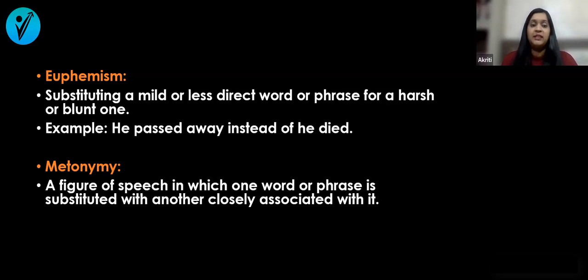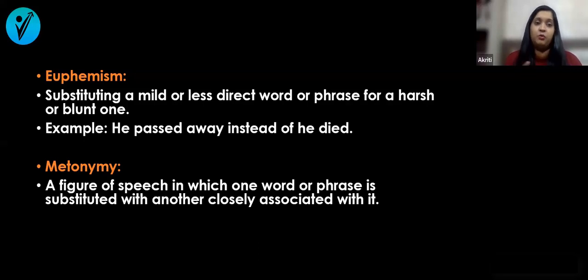Metonymy. Metonymy is a figure of speech in which one word or phrase is substituted with another very closely associated with it. Very simple. Instead of saying it is quite similar to this, you say it is pretty same, in this manner or in this regard. You substituted pretty similar with pretty same.